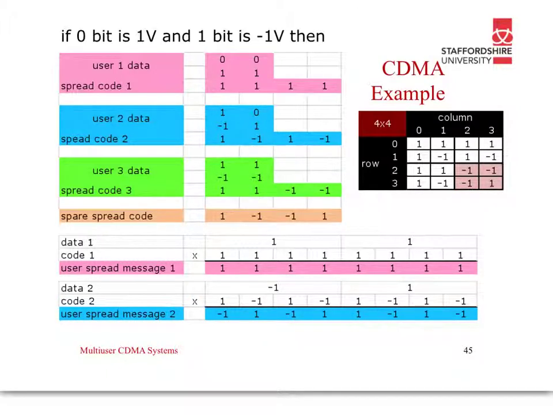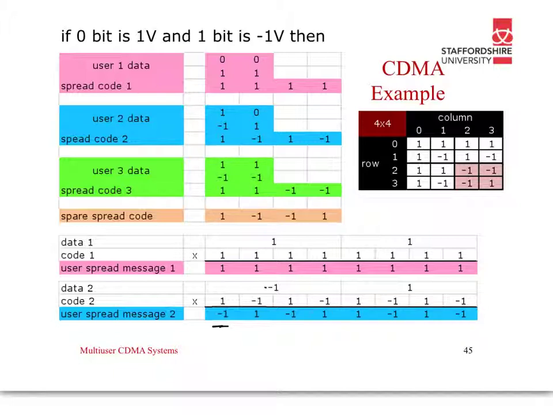So here we're transmitting a -1, and we copy the code down, 1, -1, 1, -1, to code 2 here, and then we multiply out: -1 times 1 is -1. -1 times -1 is +1. -1 times 1 is -1. -1 times -1 is 1.